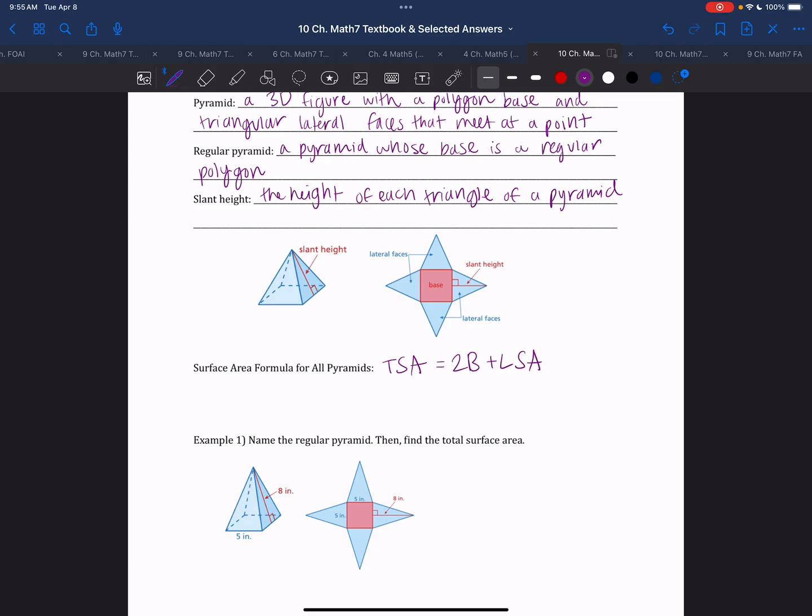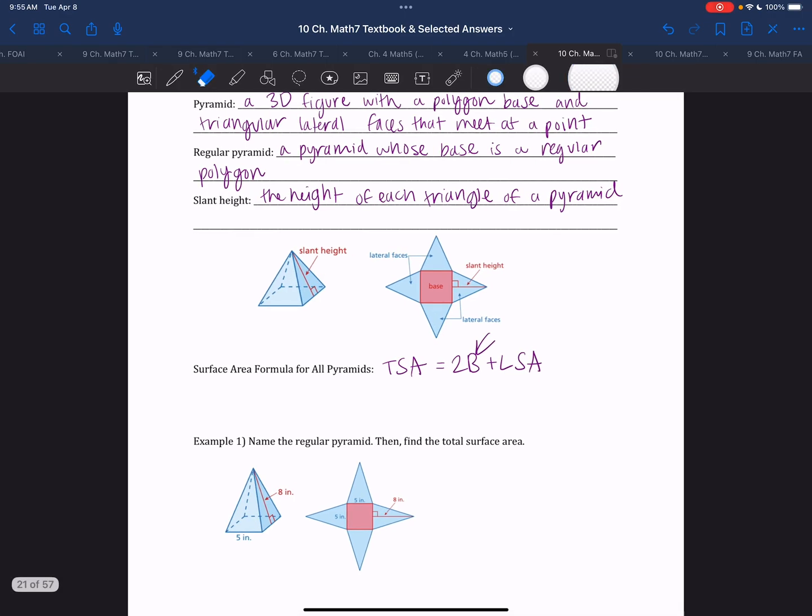All right, so if you said that we only have to find the area of one base, you are correct. So I'm just going to replace 2b with b. And the reason is because there's only one base. So we only have to find the area of the one base of the pyramid.